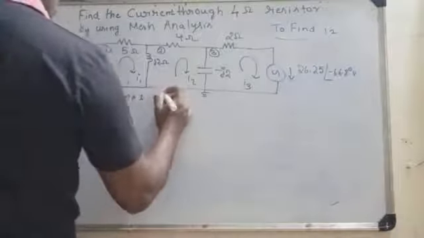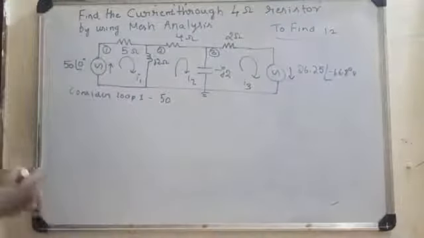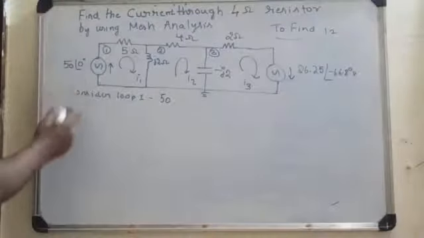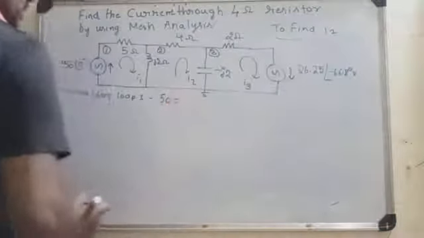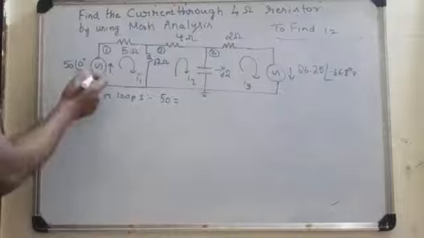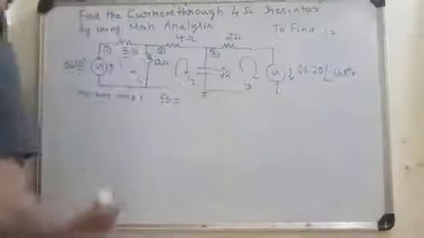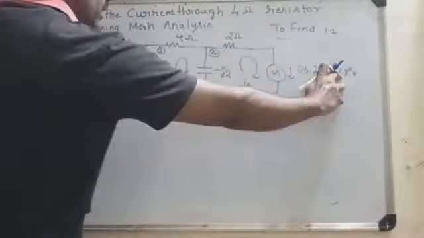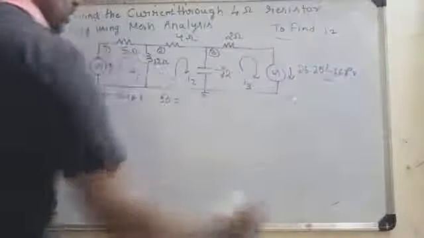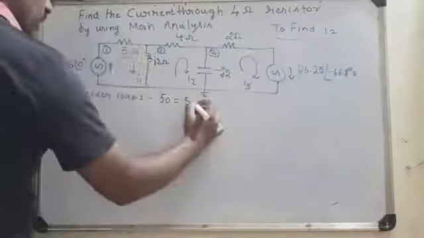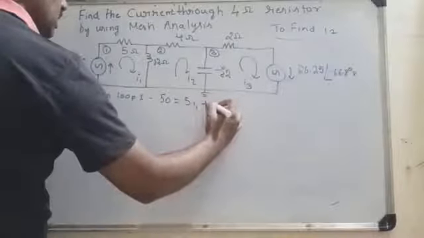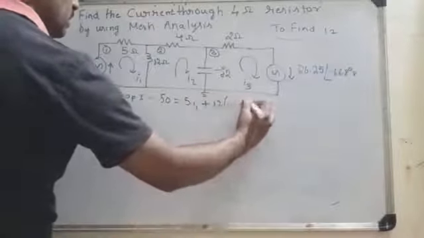Amplitude is 50, 0 phase, so you can directly write 50. If it is any other value with phase, then we may have to consider converting polar to rectangular, if needed. So 50 equals 5 I1 plus j2 into (I1 minus I2).